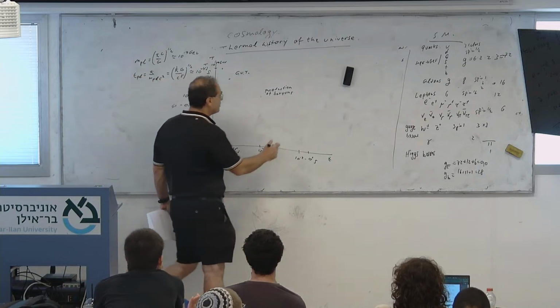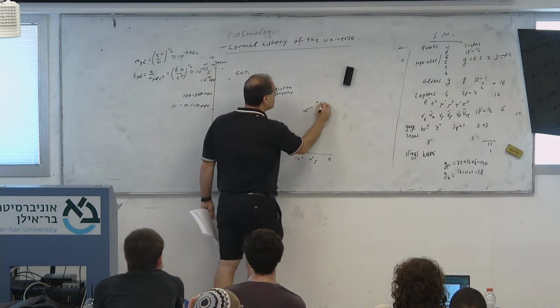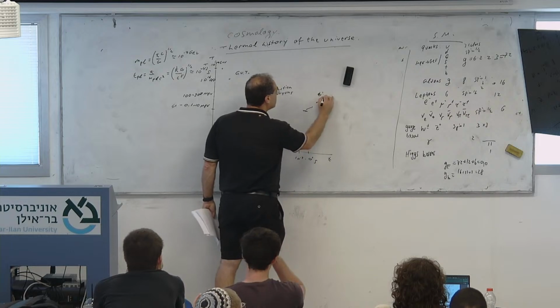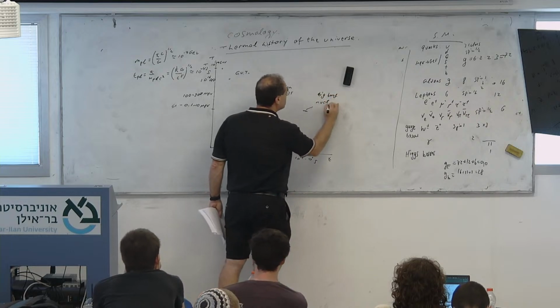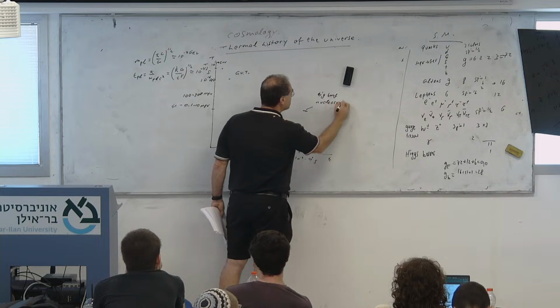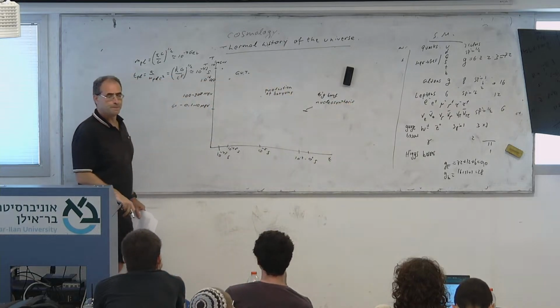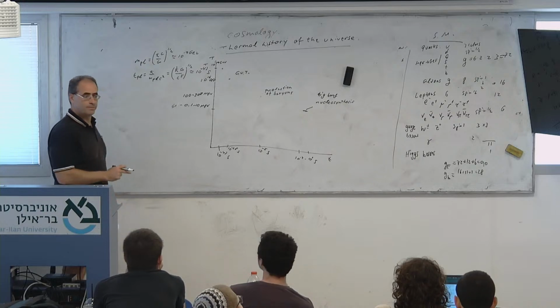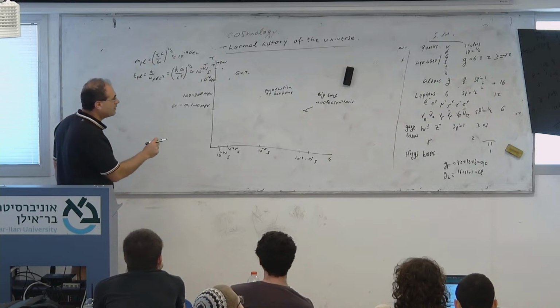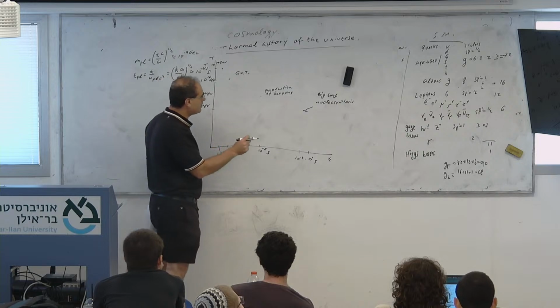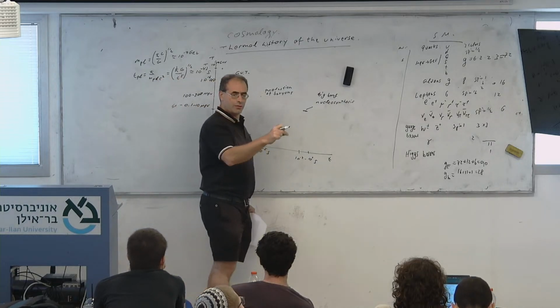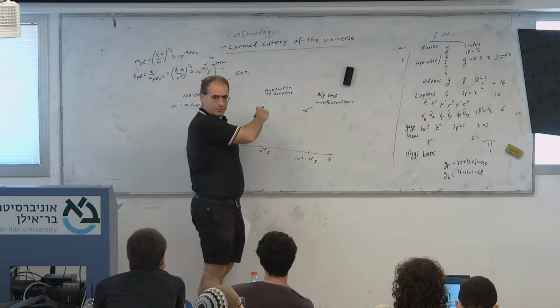So this is the nucleosynthesis. This is the Big Bang nucleosynthesis, BBN. That's where the elements are formed. And I didn't show you exactly how to calculate it because it's just technical, but you can calculate exactly the abundances from exactly these considerations.